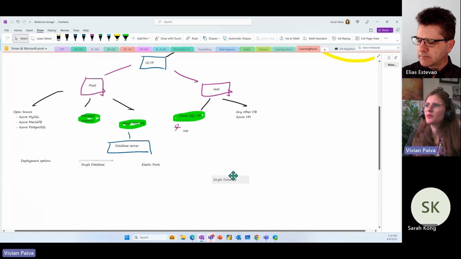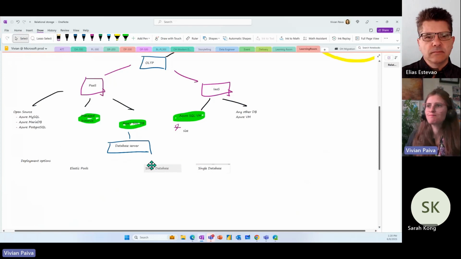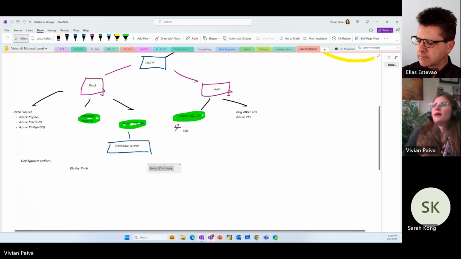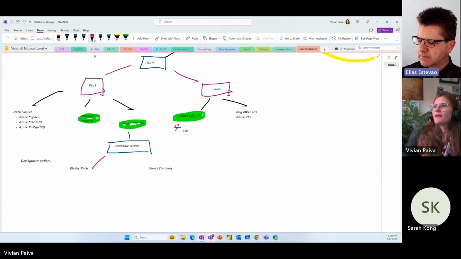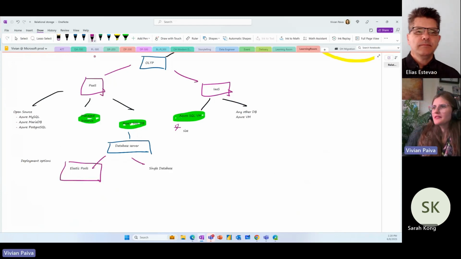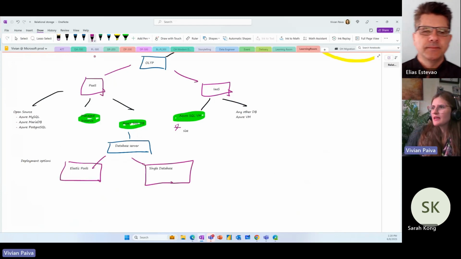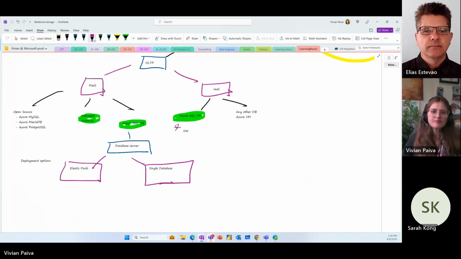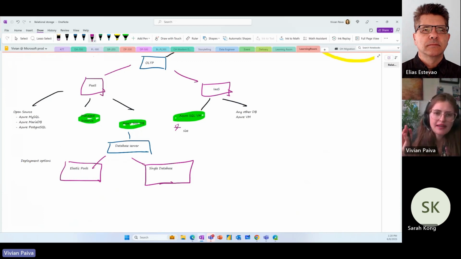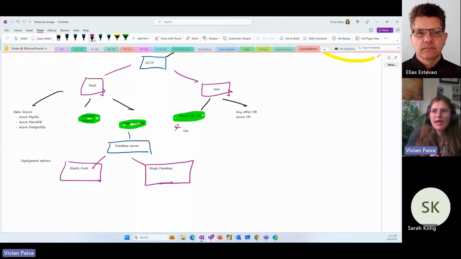Those are the two options that we have when we go for Azure SQL database. And what is the difference? A single database is when we have a dedicated database with its own allocated resources.